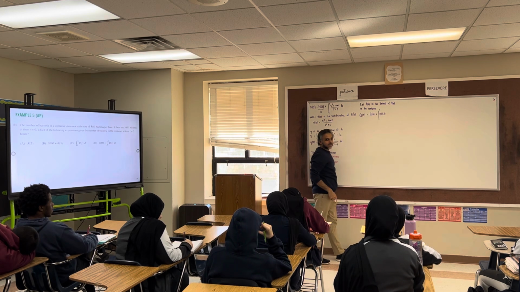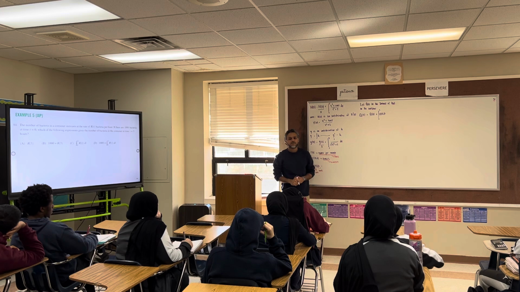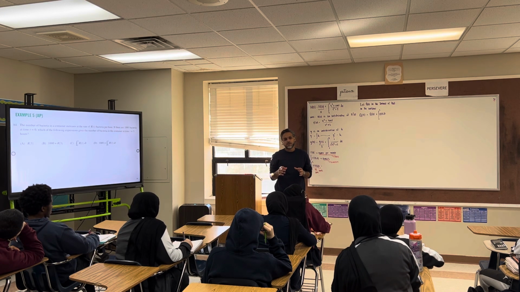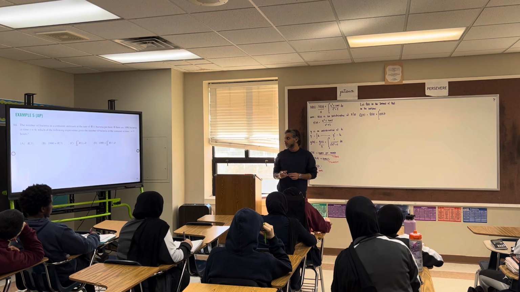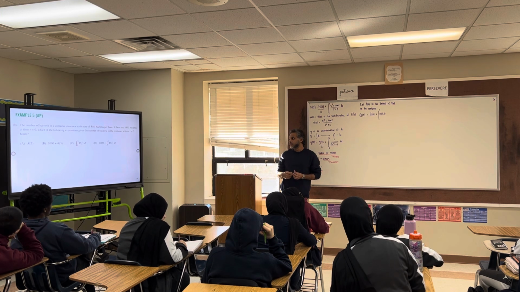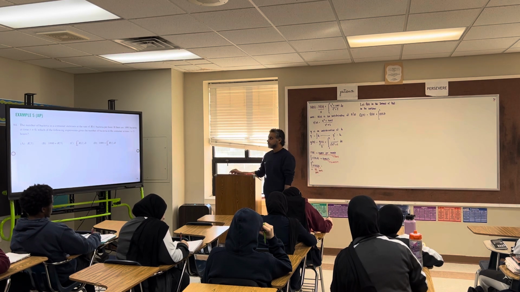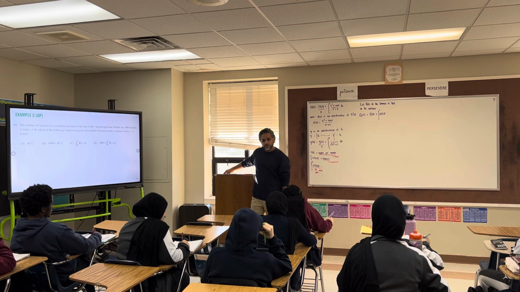So then that's how it would actually make sense. Now, what did they tell you initially? How much bacteria was there when they began this whole process? 1,000. So then the most sensible answer choice would be the letter D. Any questions?